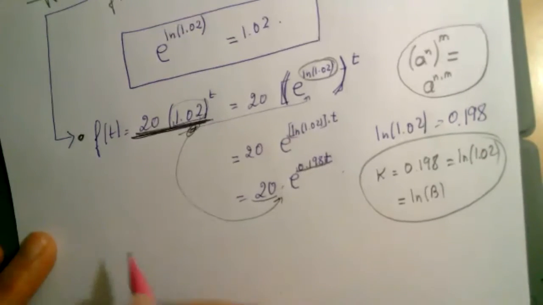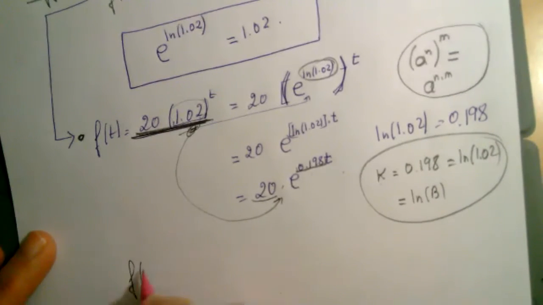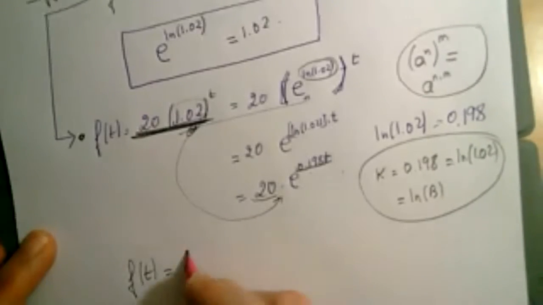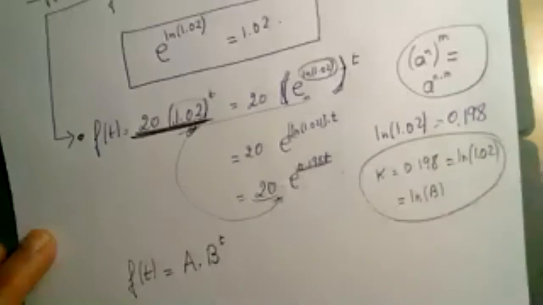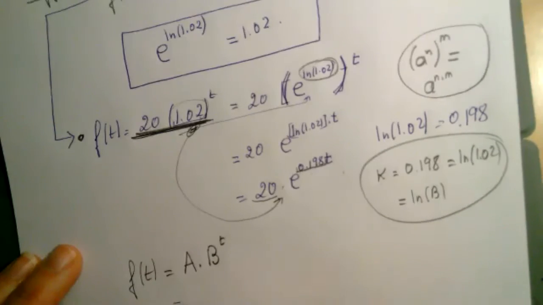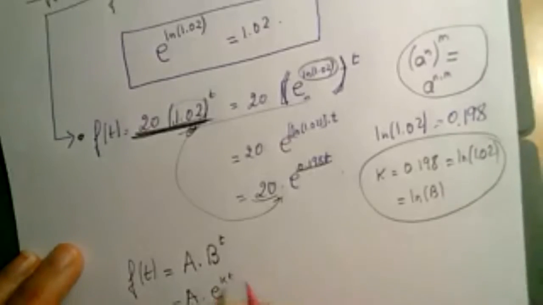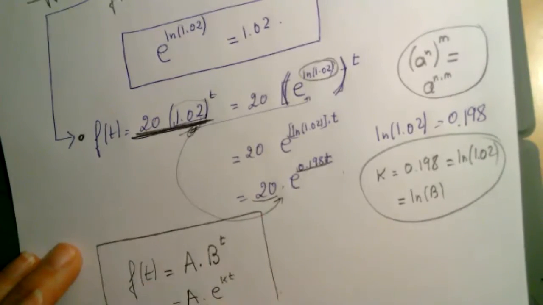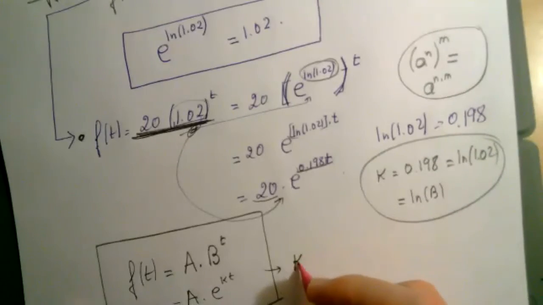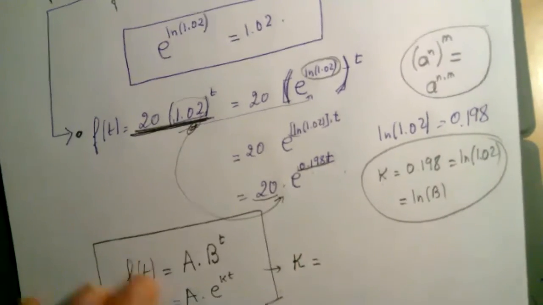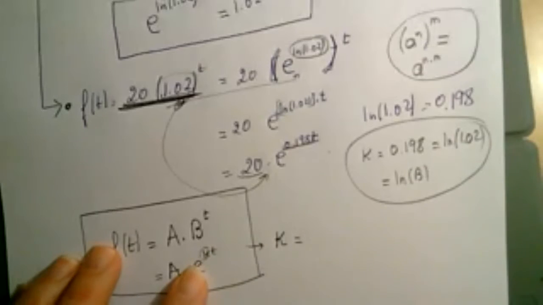So far we have the following. If a function has the form a times b to the power t, I can rewrite it as a times e to the kt. I don't really change it, I'm just rewriting it. And what will k be?